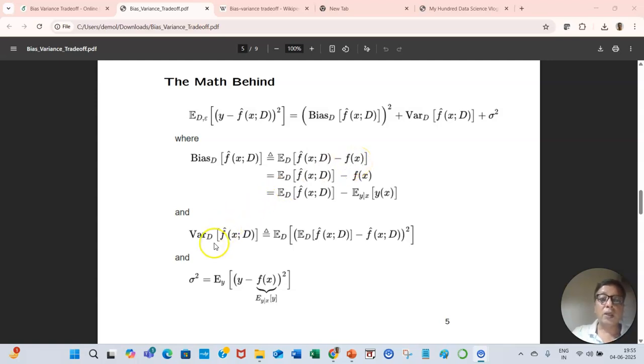Variance is the expected value of the model minus the expected value of the model whole square, and the sigma square is y minus f x whole square, the irreducible noise. So mathematically, the total variation in data could be written as the sum of bias square plus variance plus sigma square.